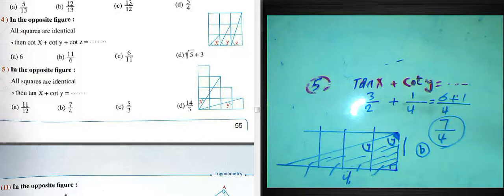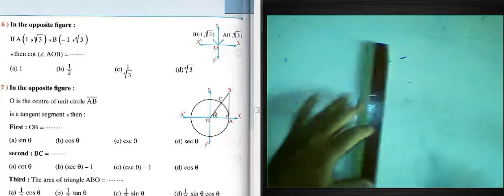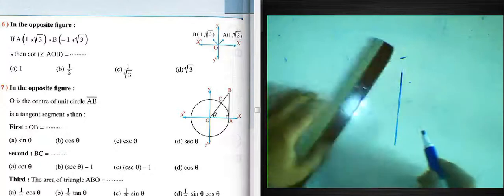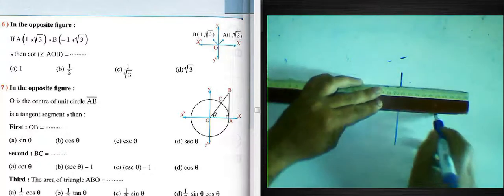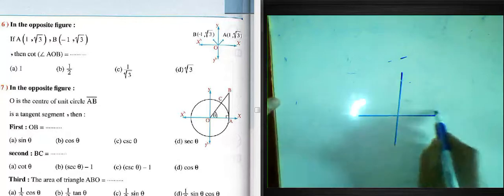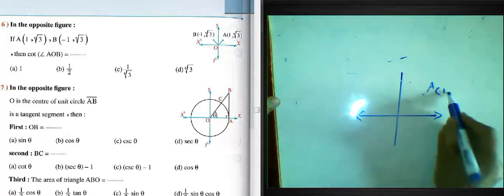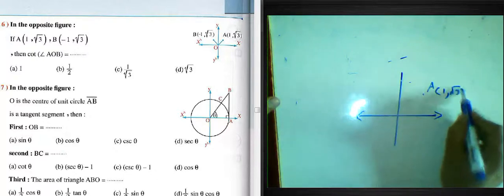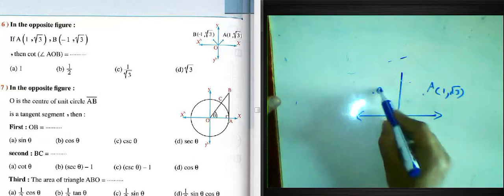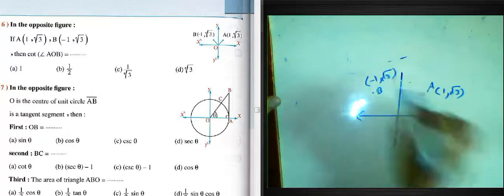And what about question number 6? Question number 6. We have the coordinate axes x and y, x dash, y dash, and we have point A, the first projection 1, the second projection root 3, and point B, first projection -1 and second projection root 3.